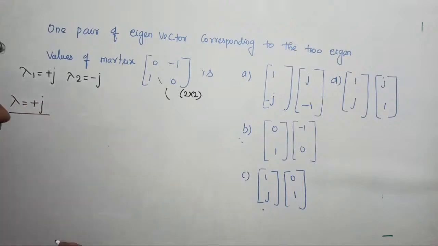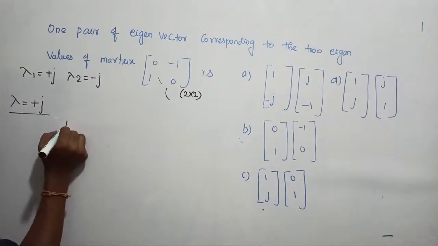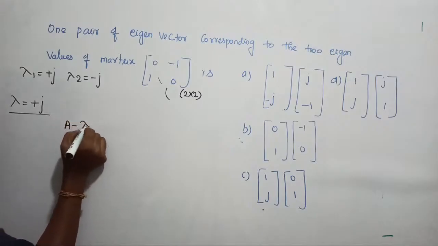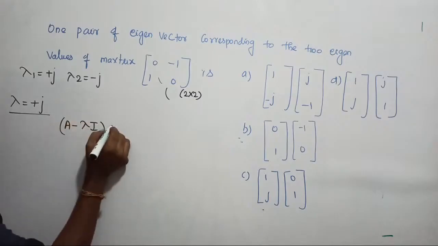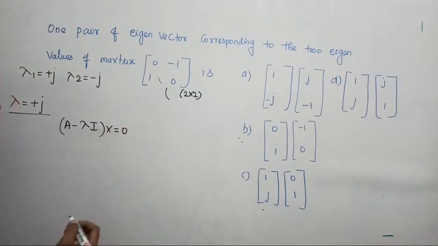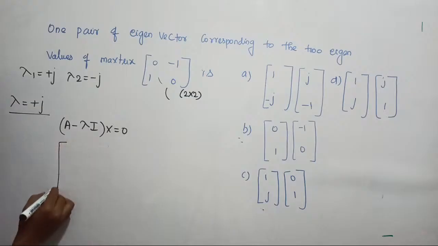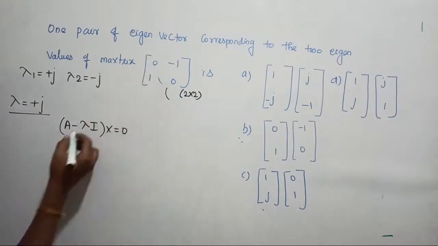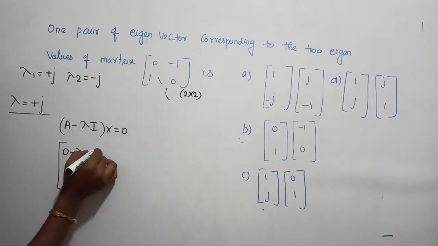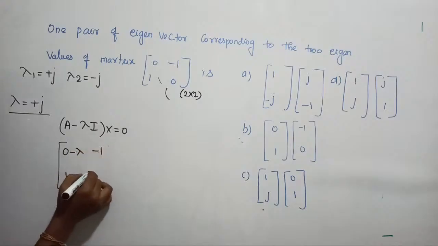If lambda equal to plus j, first of all we have to write the equation. How will you write it? A minus lambda times I into x equal to 0. That is the equation to find the eigenvector. Now, if you reduce this, what will come? Matrix A minus lambda I: 0 minus lambda, minus 1, 1, 0 minus lambda.